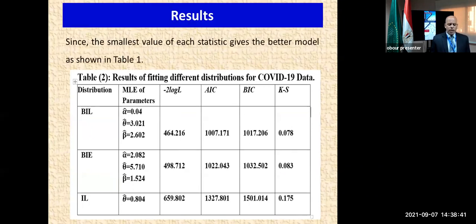The smallest value of each statistic gives the better model, as shown in table 2. We noted that in the columns of AIC, BIC, KS, the smallest value of each one is for the BIL. It means that my new probability distribution is more applicable and fits better than the two other distributions.